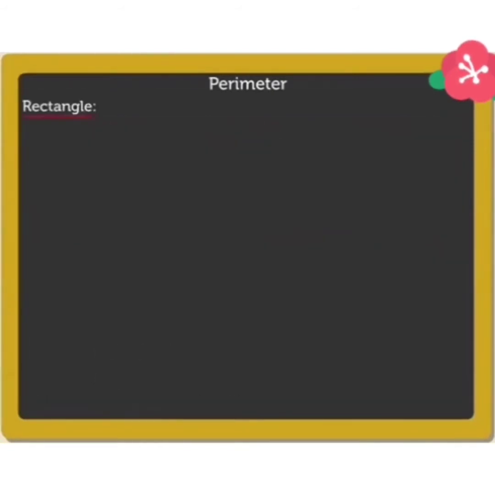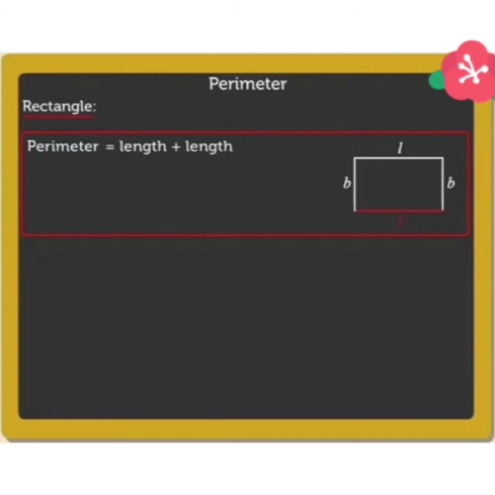Now let's look at the formula of perimeter of a rectangle. We have already learned that a rectangle has 4 sides where its opposite sides are equal in length. Thus, perimeter of a rectangle is equal to length plus breadth plus length plus breadth.